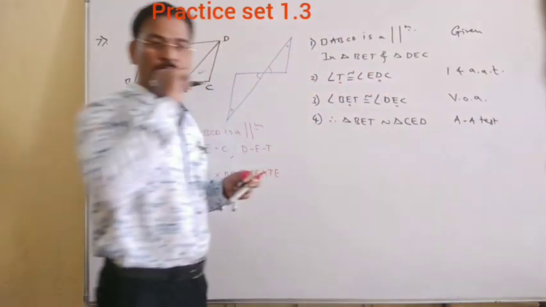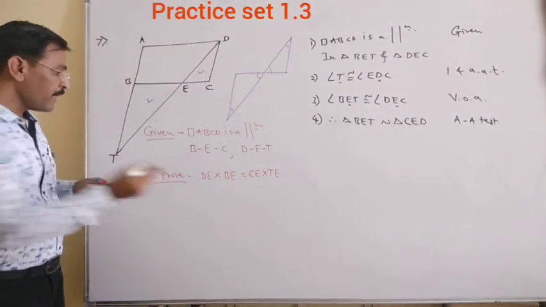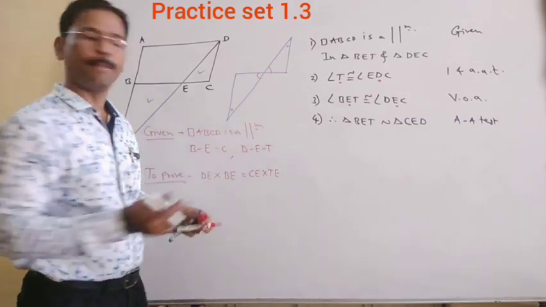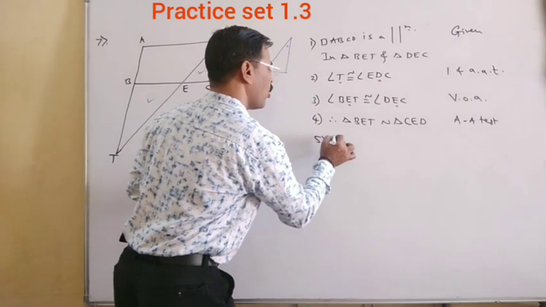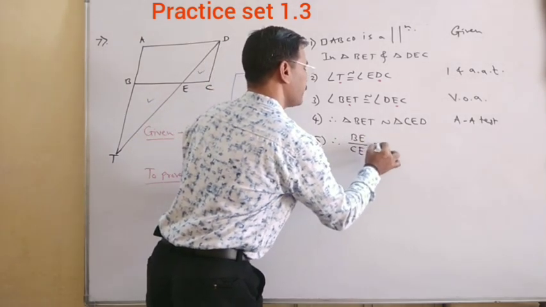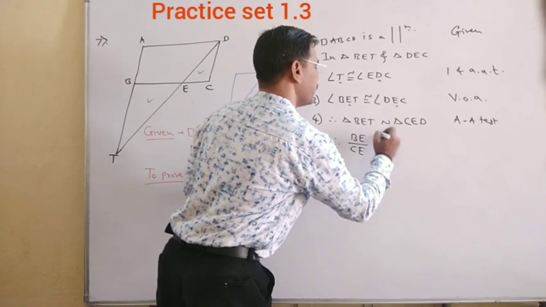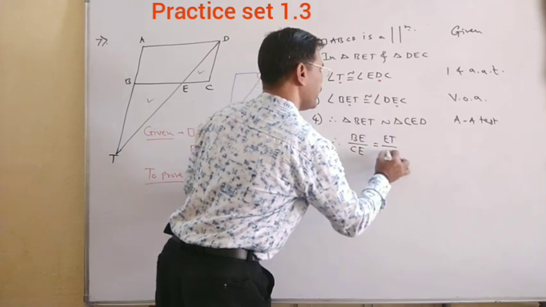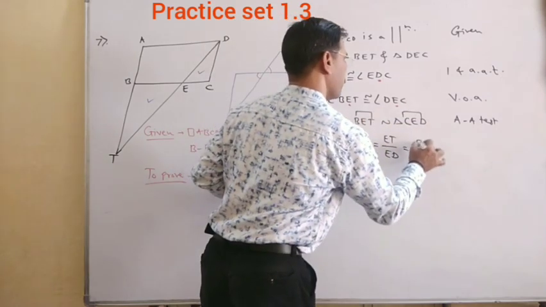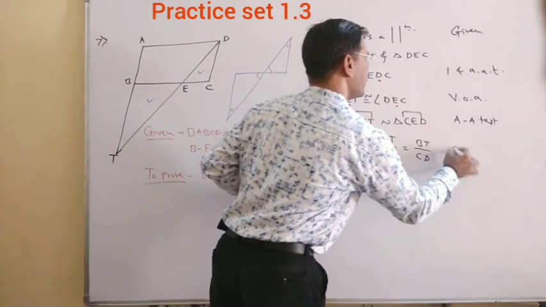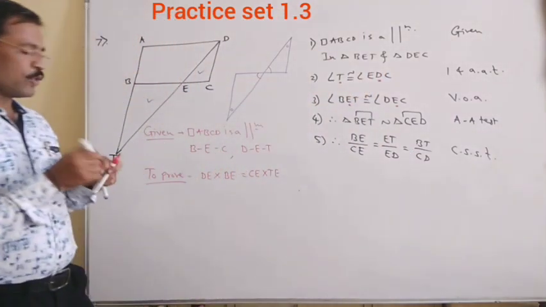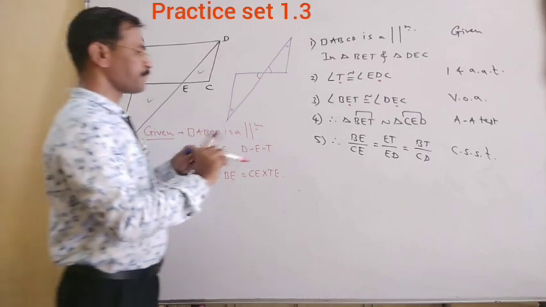Okay friends? Now, what we need? We need this particular part. So it is very easy to write the sides are in proportion. Write all proportional sides: BE upon CE is equal to ET upon ED. Afterwards, this BT to CD: BT upon CD. These are corresponding sides of similar triangles. Now just look here.